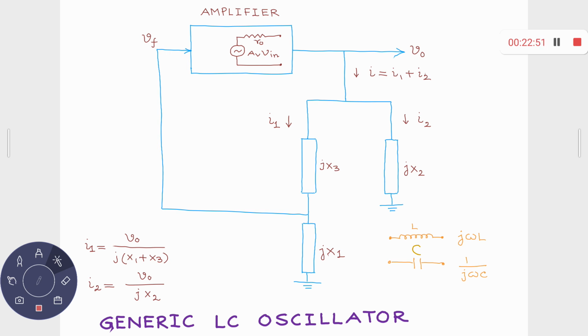And what about your I1? I1 is jx3 in parallel with this. What is I1?